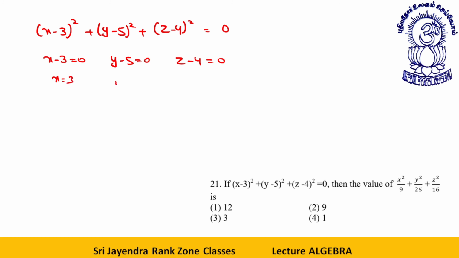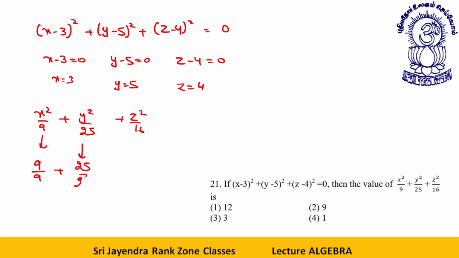That is x is equal to 3, y is equal to 5 and z is equal to 4. We have to find x square by 9 plus y square by 25 plus z square by 16. This will be what? X square is 9, y square is 25, z square is 16. And this is your answer.